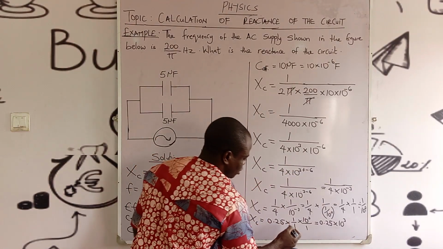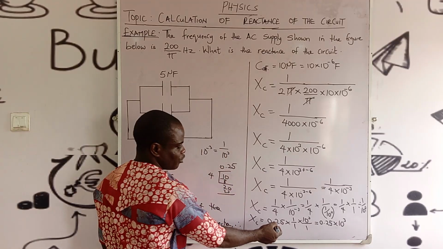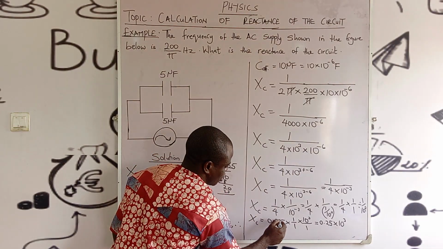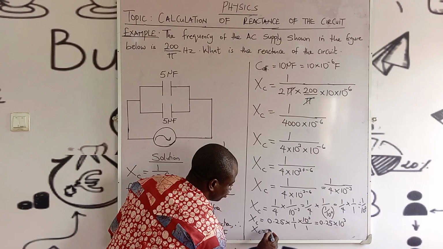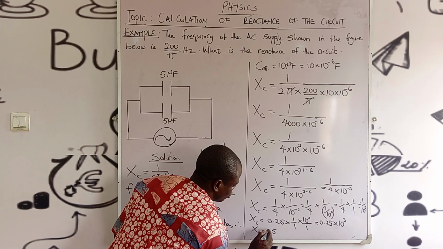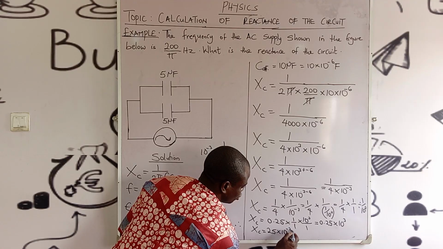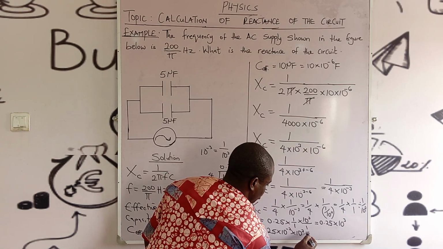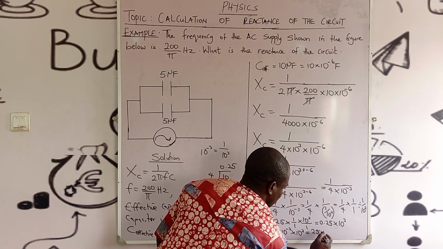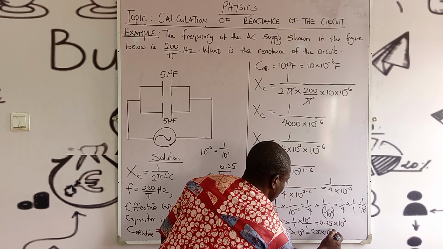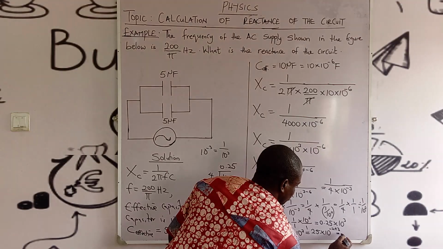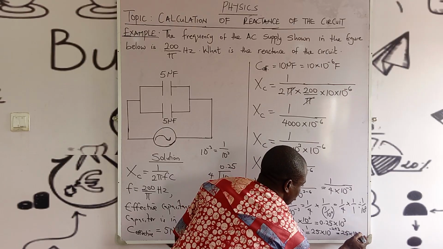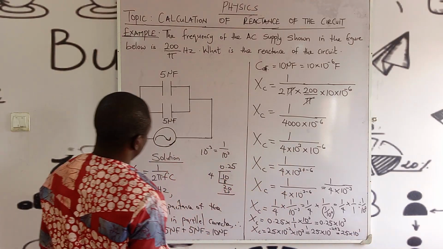Now what we want to do is shift to the right. When you're shifting from left to right, the power will be negative. We are shifting 2 times, 1, 2. Now XC equals 25 times 10 raised to the power minus 2 times 10 raised to the power 3, which equals 25 times 10 raised to the power minus 2 plus 3, which is 10 raised to the power 1.